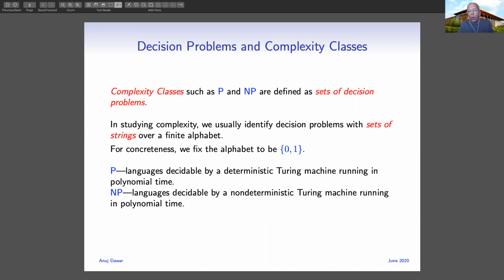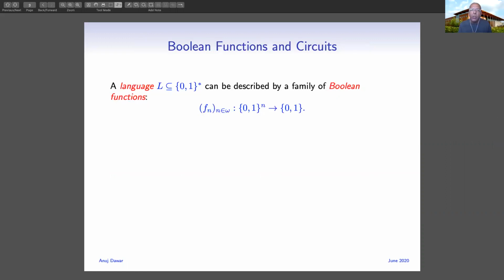But I'm leading up to talking about circuits, which is a different view, because even with all this simplification, things like Turing machines are mathematically quite complicated things to define, let alone to try and prove impossibility results about, which is what we want to do. So another view of a language.